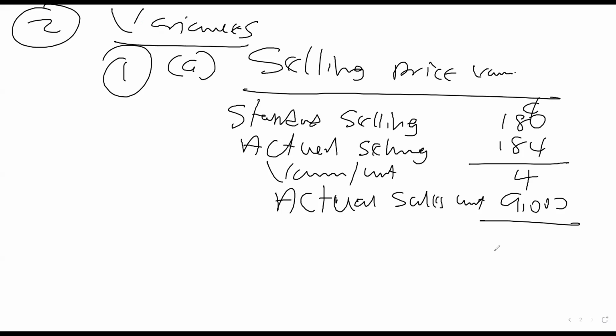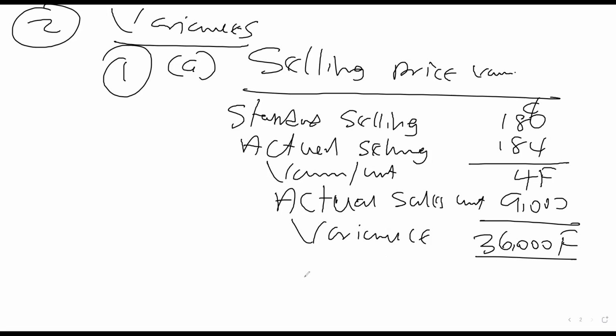Variance, it's not difficult. 4 times 9,000 will give us 36,000. Favorable. So here should be F. Here also should be F, favorable.